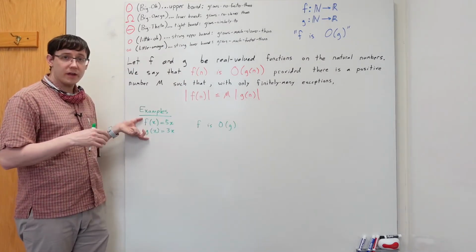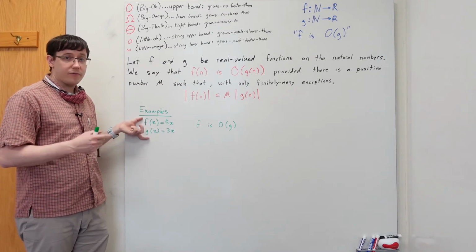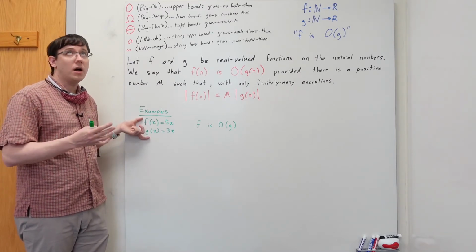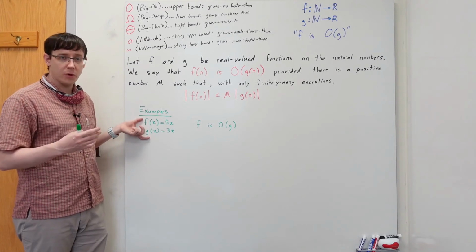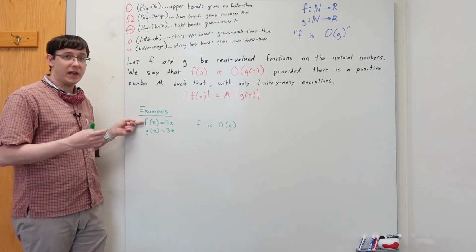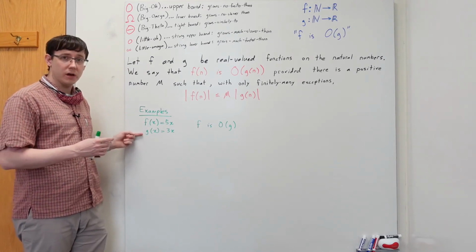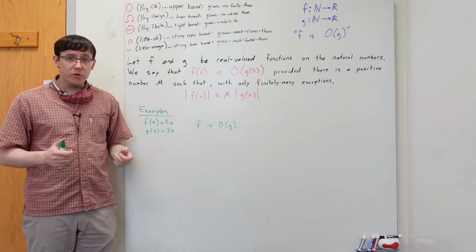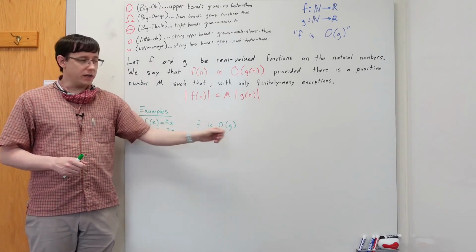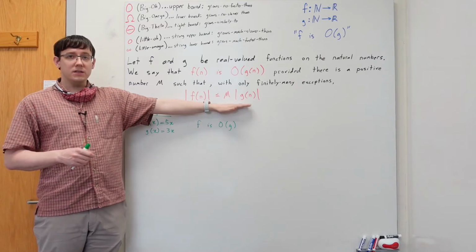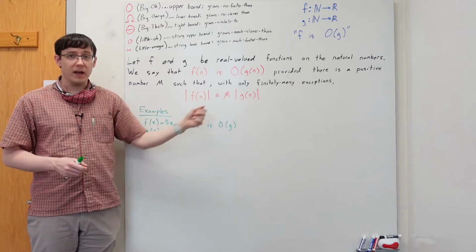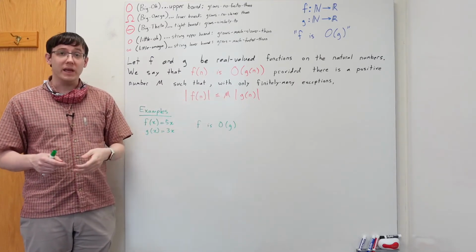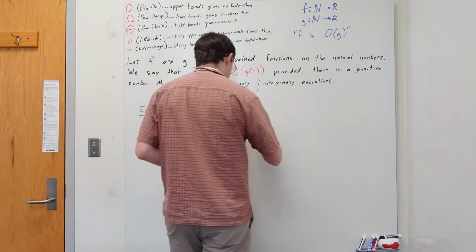For this f and g, we know that for any natural number other than 0 that we give as input, f will actually give us a larger output than g does. But we can prove that f is big O of g by giving some constant m that we can multiply by g in order to make it at least as large.